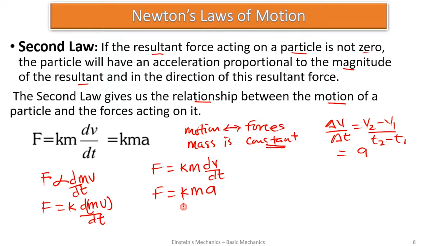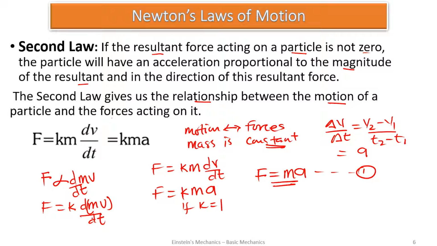And if k is unity, then the force applied to a body is the mass times its acceleration. So from Newton's second law, we were able to deduce that the relationship between motion and the force applied is the product of the mass and the acceleration, the rate of change of linear momentum, where linear momentum is mass and velocity, and the time rate.